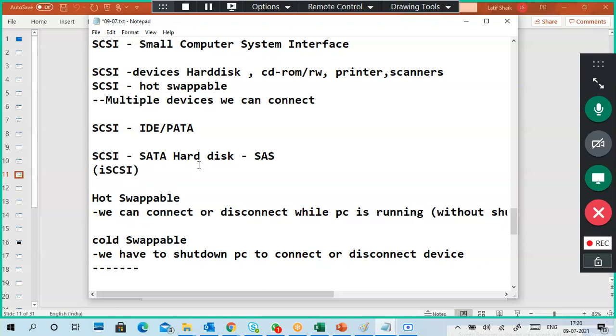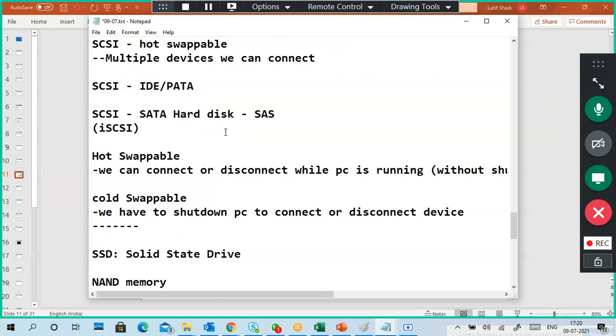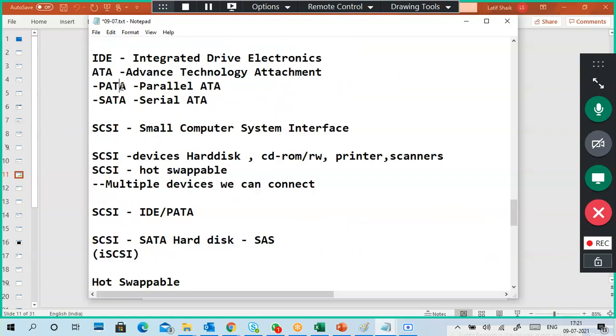SCSI hardware may or may not be available now, I don't know. So that SATA type of iSCSI hard disk, we call it SAS. Comparing PATA to SATA, SATA is much faster than PATA.